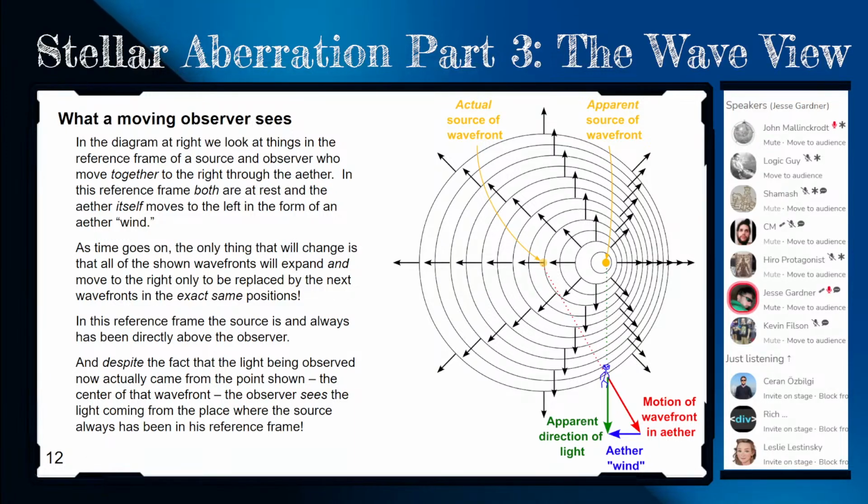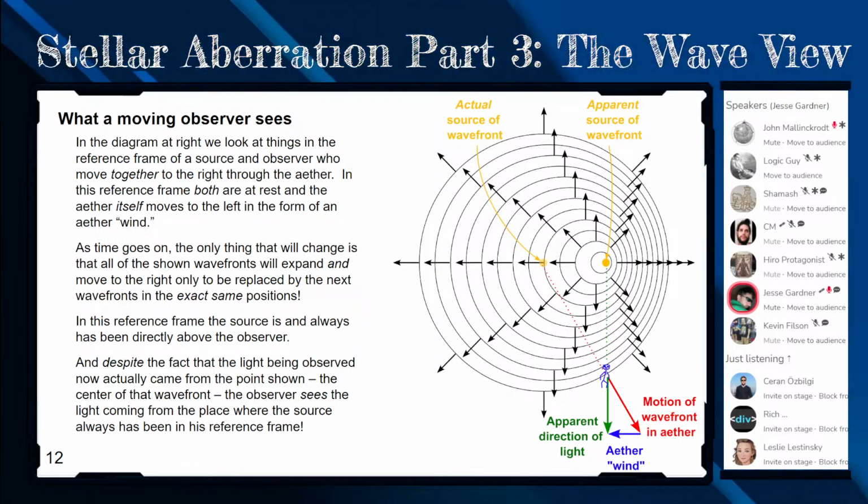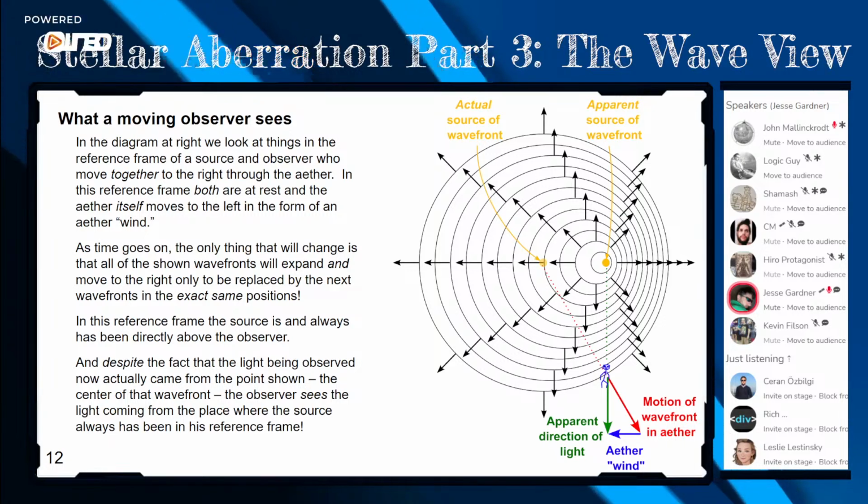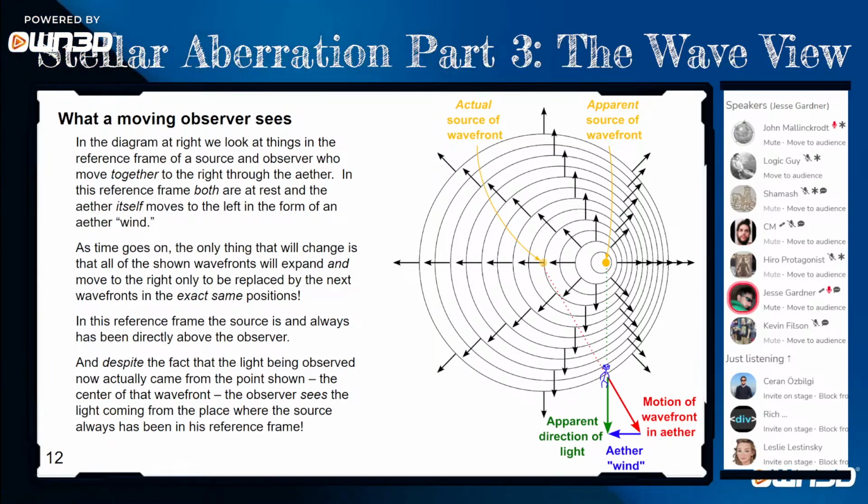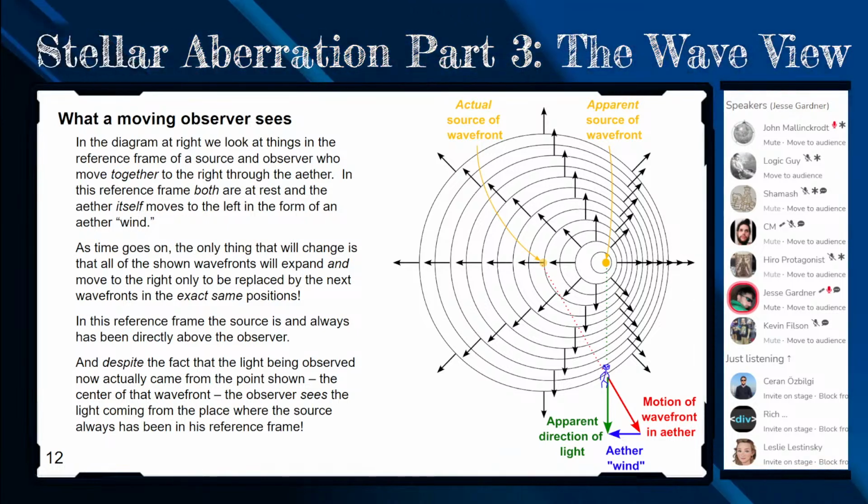Here's what happens: the observer is right there, and in general you'd think, well, the light is traveling perpendicular to the wavefront, so he would have to look back perpendicular to that, to the center of that circle, to find the source.